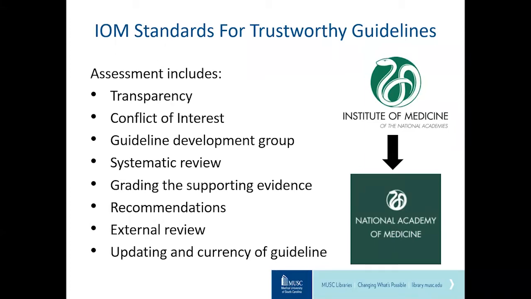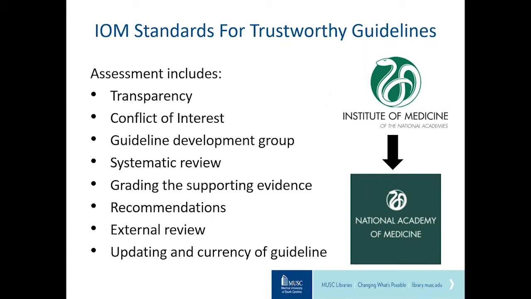Transparency, which is related to how much detail guideline issuers provide on exactly how the guideline was developed. Conflict of interest, which relates to the expert group developing the guideline and other interests they may have. Assessment of the development group itself. For example, is it a single specialty or multiple specialties? Whether or not a systematic review was part of the development process.